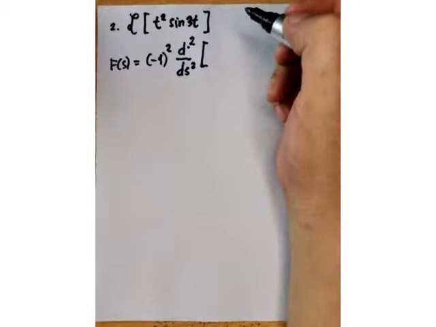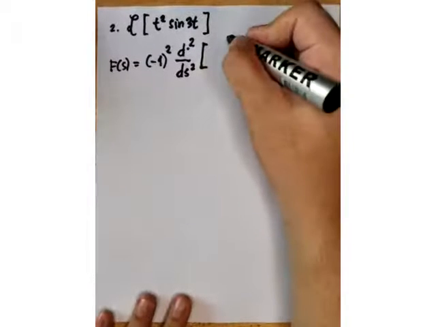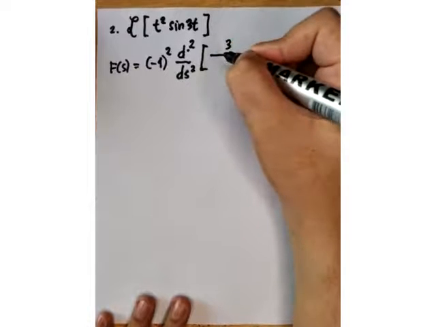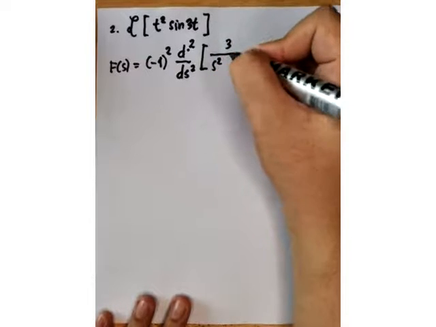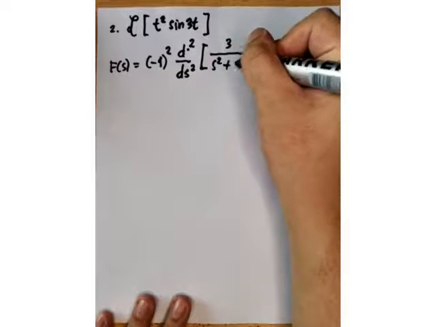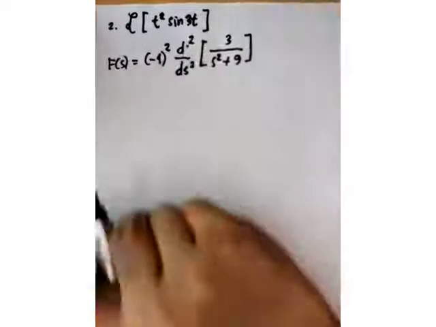Okay, yung sine 3t natin ay 3 over s squared plus 9. Yan na.